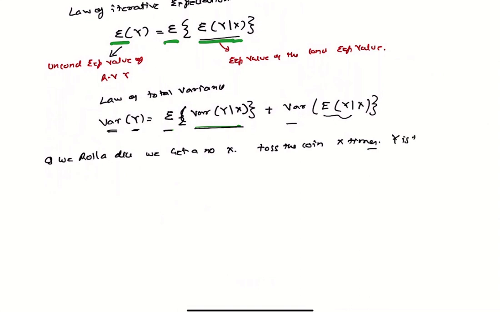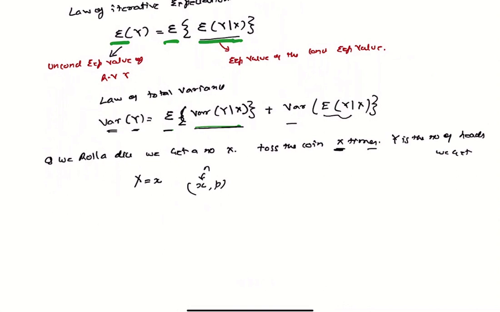Y is the number of heads we get. Now if we know x, then the distribution of y is just a binomial distribution where x is equal to little x.